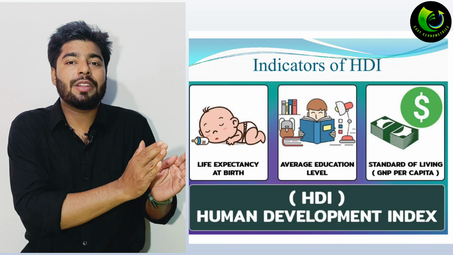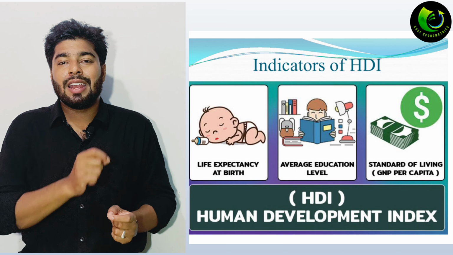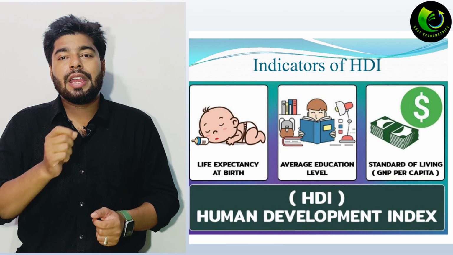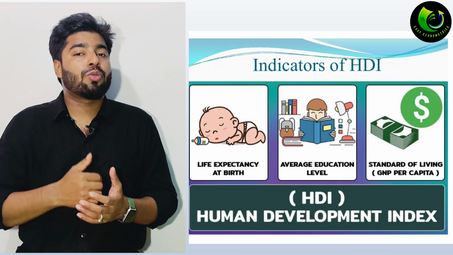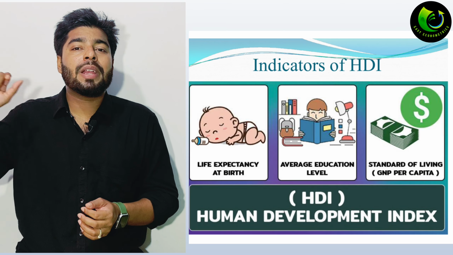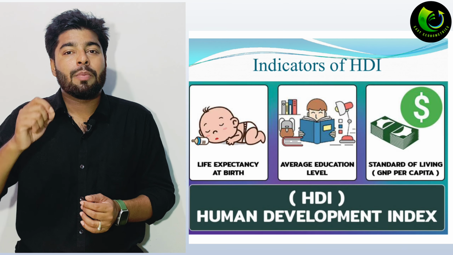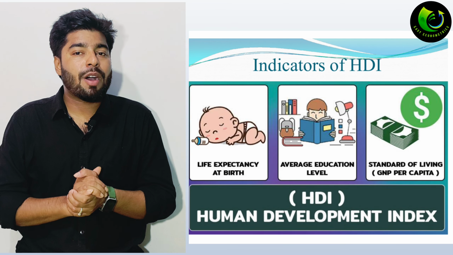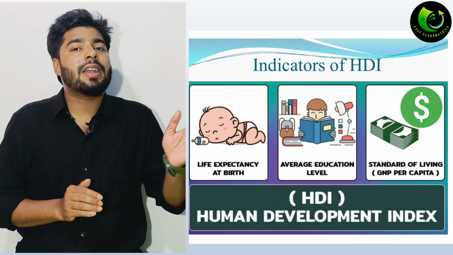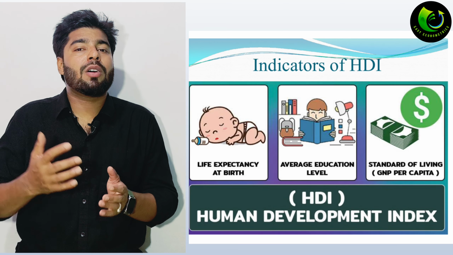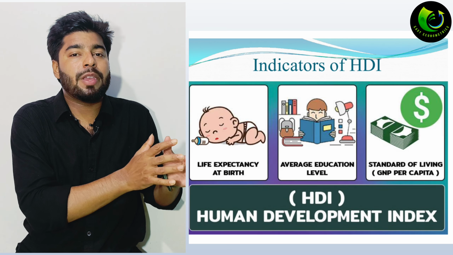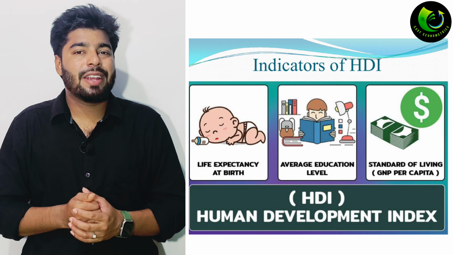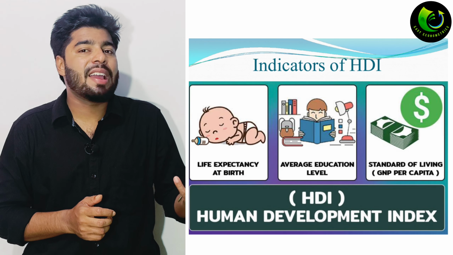For the health dimension, the indicator is life expectancy at birth. For the education dimension, it is average years of schooling. For the standard of living dimension, it is per capita income. Now, what is life expectancy at birth? It is the average number of years a newborn baby is expected to live, assuming current mortality rates remain constant throughout their lifespan.